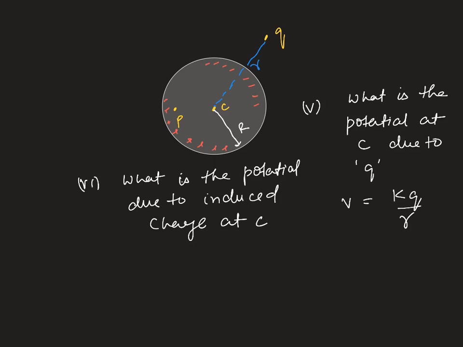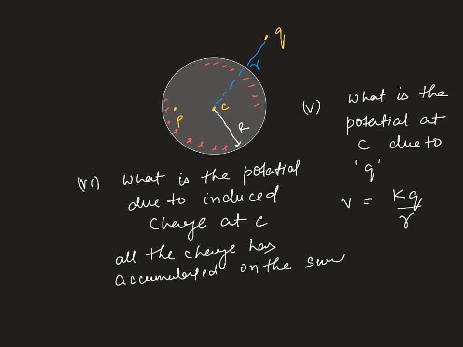Now you all know that whatever charge has accumulated, all the charge has accumulated on the surface. Why on the surface? That's an important question. Simply because the charges cannot go beyond the surface, they cannot fly into the air.